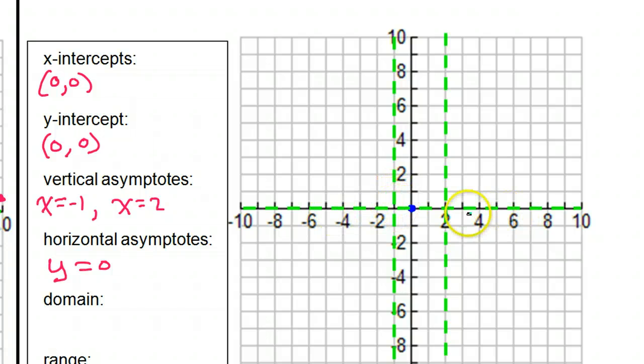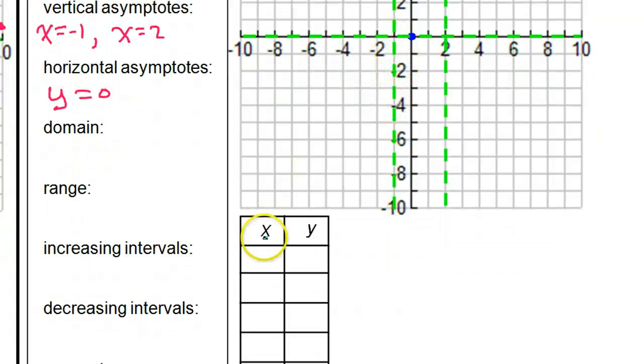In addition to whatever other points you use, I want you to pick values just barely to the left and just barely to the right. So I'm talking decimals, okay? This vertical asymptote is at negative 1. So if I go half of a square over, that's going to be negative 1.5. Let's definitely do that.